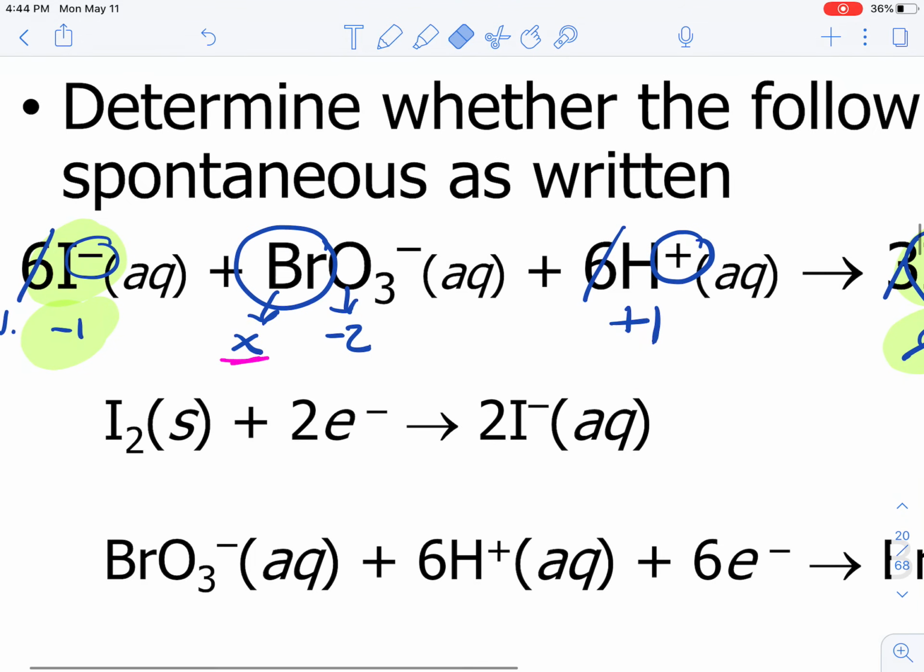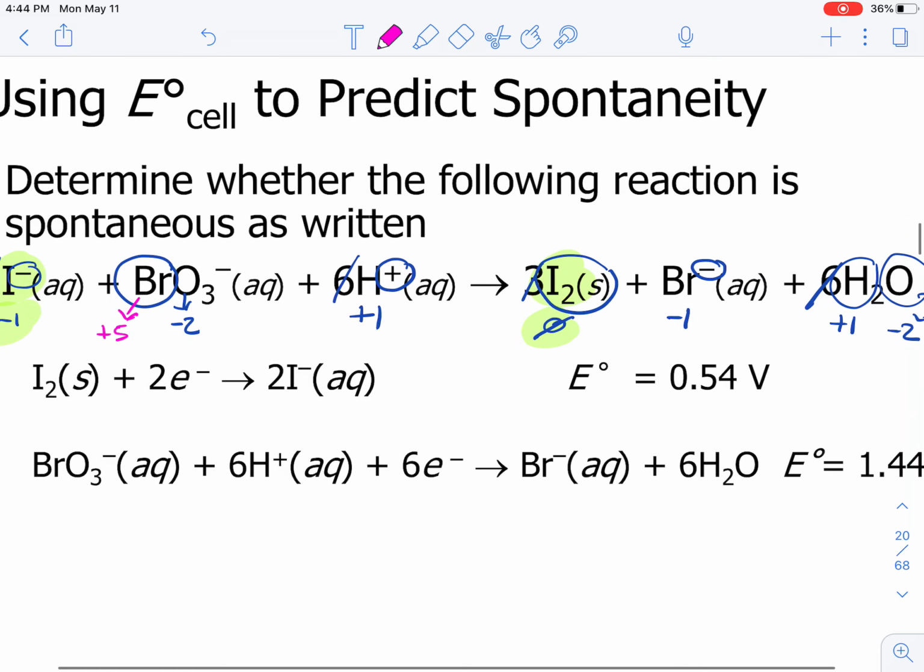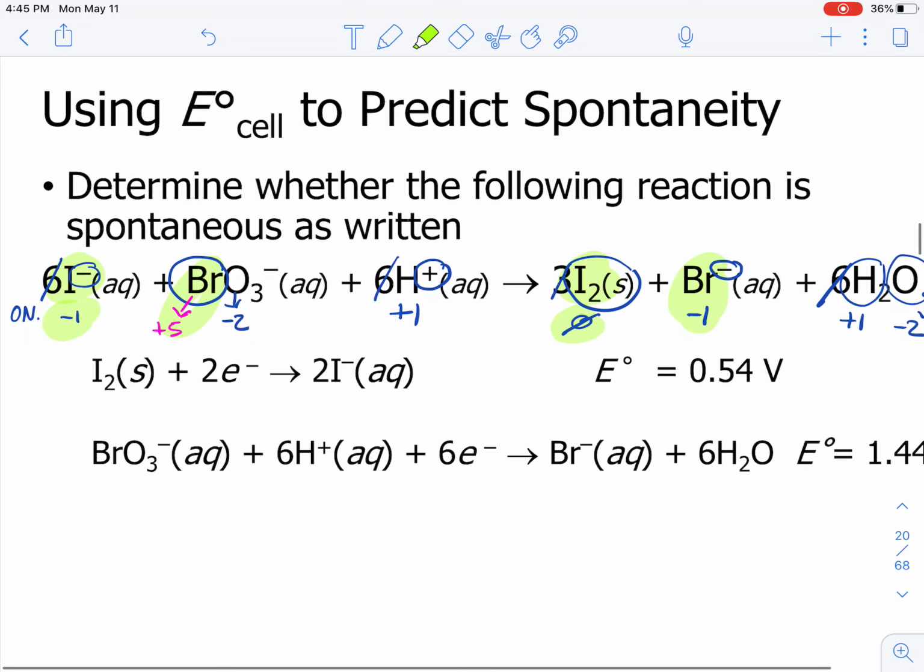So now that I know the oxidation number for bromine in bromate is +5, I can go ahead and compare my bromines. If you look, my bromines have different oxidation numbers before and after the reaction.